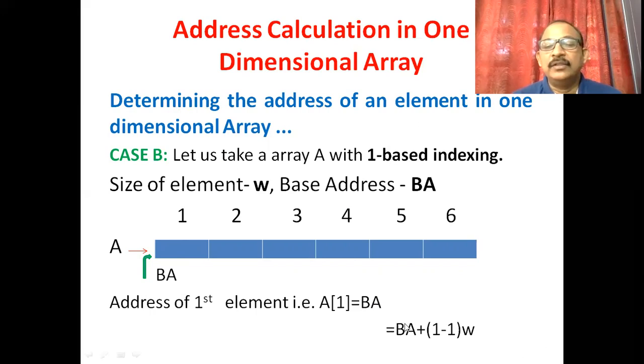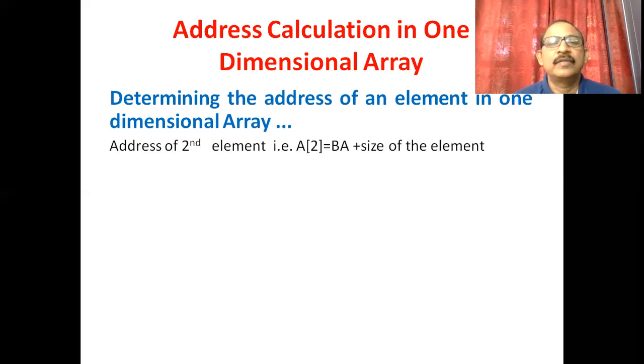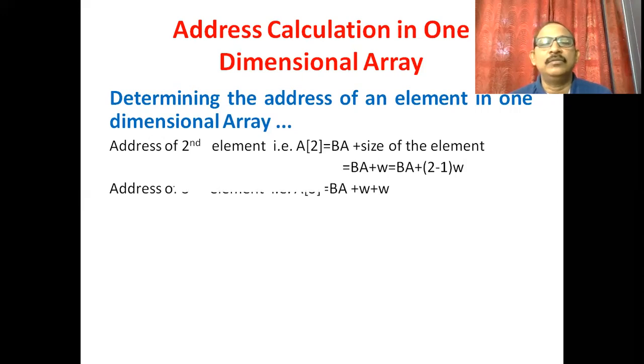You can write this as BA plus 1 minus 1 into W. In the same way, the address of the second element is BA plus W, and you may write this as BA plus 2 minus 1 into W. The address of the third element is BA plus W plus W, meaning BA plus 2W, and you may write this 2W as 3 minus 1 into W.